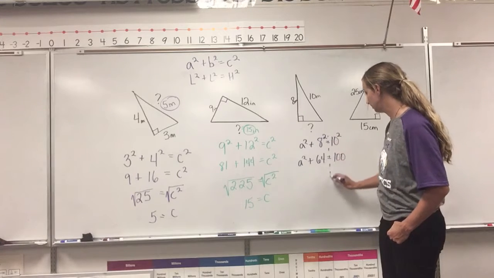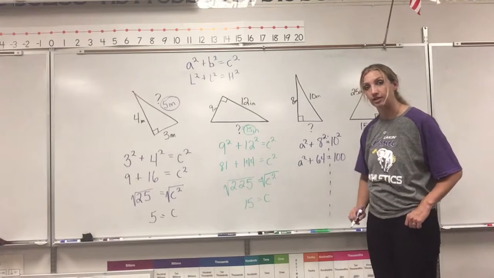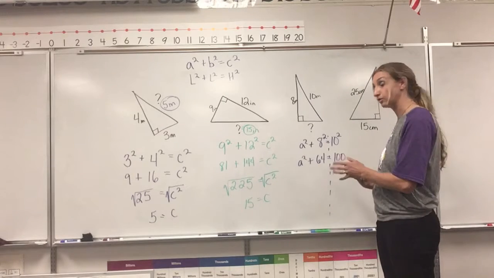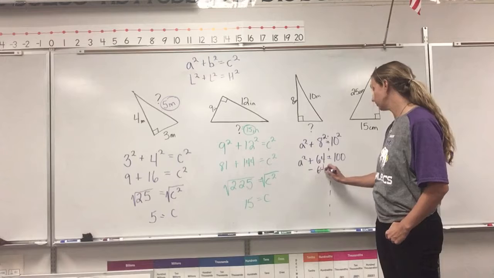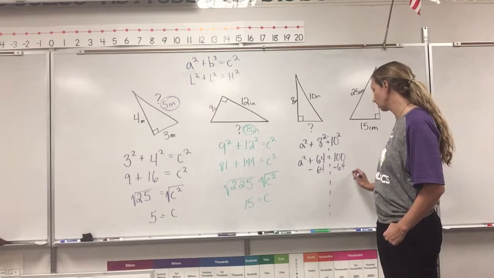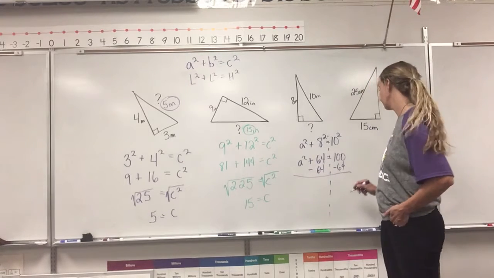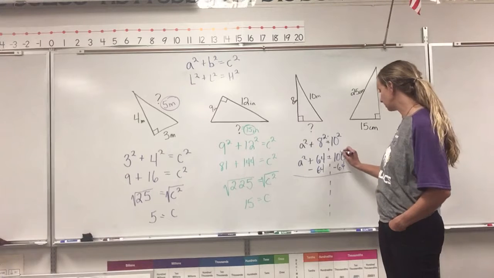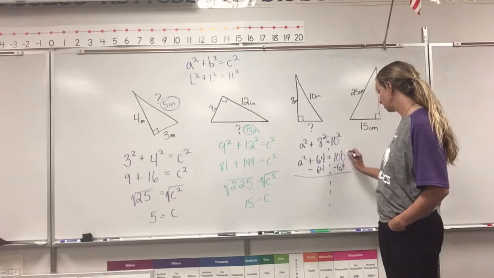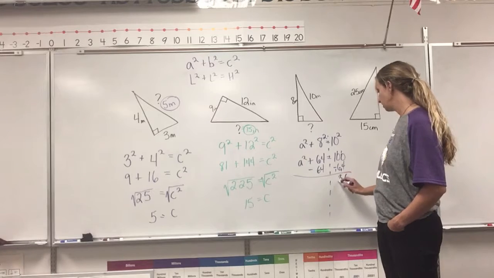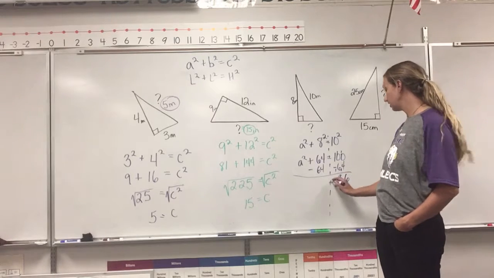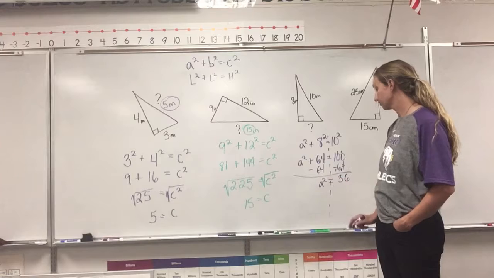In my class, I try to teach my kids to draw that dotted line going down the equal sign whenever we're getting ready to do algebra steps. So I subtract 64 from both sides. We're going to work to get that variable by itself. So 100 minus 64 is 36, and that equals a squared.